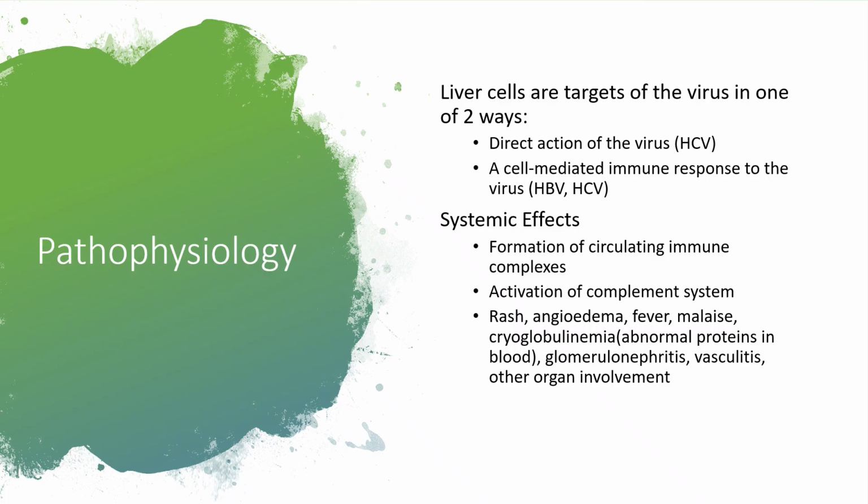Some of the systemic effects that we can have are the formation of circulating immune complexes, activation of the complement system, and then we'll see some different clinical manifestations such as rash, angioedema, fever, malaise, abnormal proteins in the blood, glomerular nephritis, vascular cystitis, and other organ involvement.